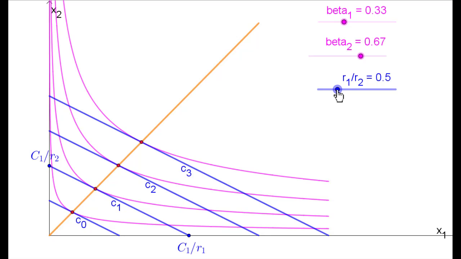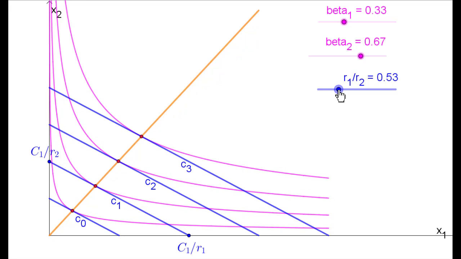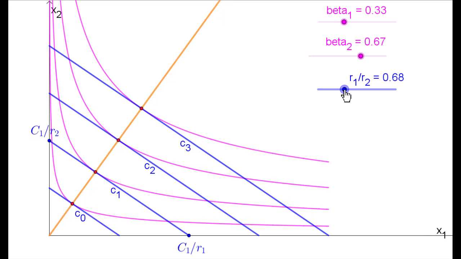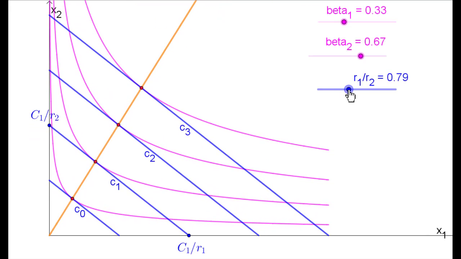So let me first change this R1 over R2 ratio. If we increase this R1 over R2 ratio, you can see that the isocost lines become steeper. However, this line connecting all the points of the least cost combination is still a straight line.